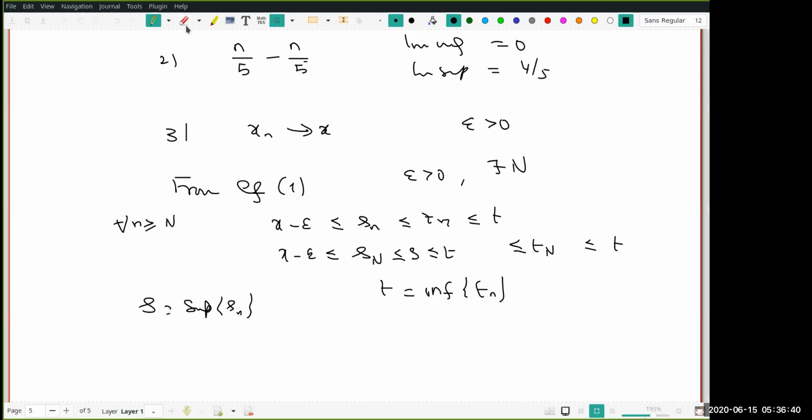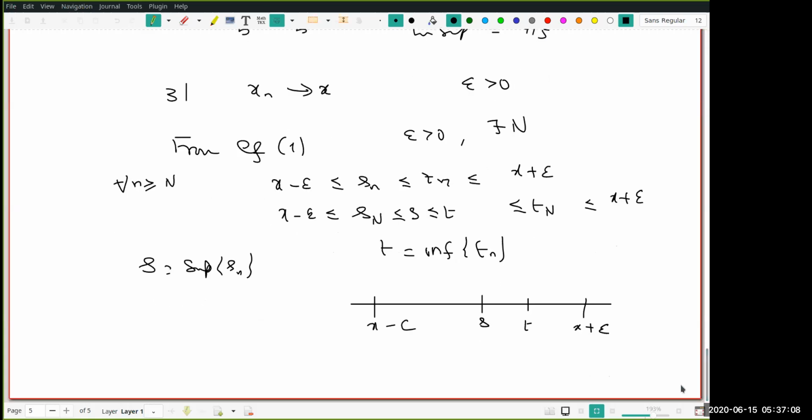In the class, somebody would have pointed out x plus epsilon. Yeah, very good. So, what do you think I would have done? So I have x minus epsilon and x plus epsilon, and S and T. Therefore, what does this say?